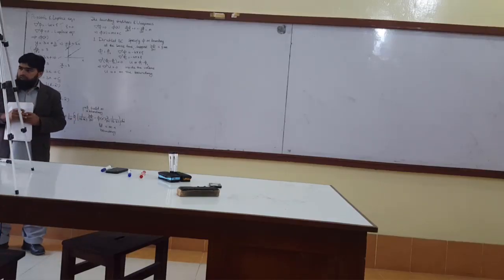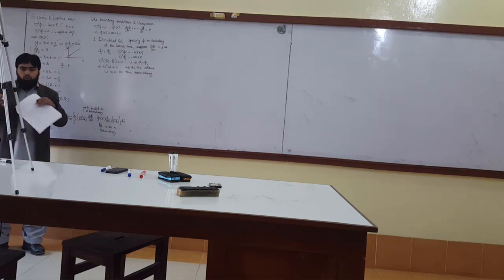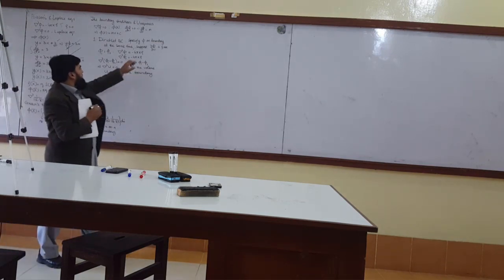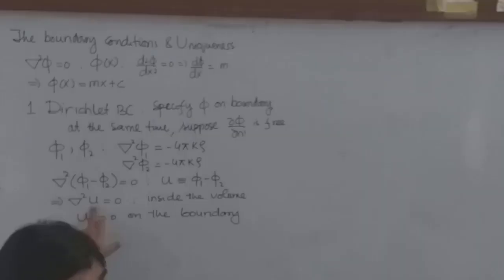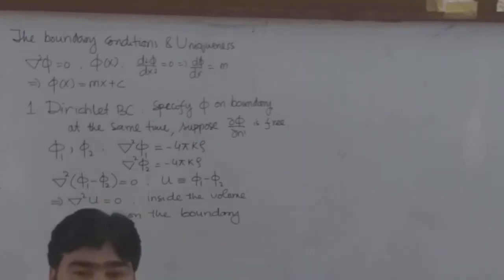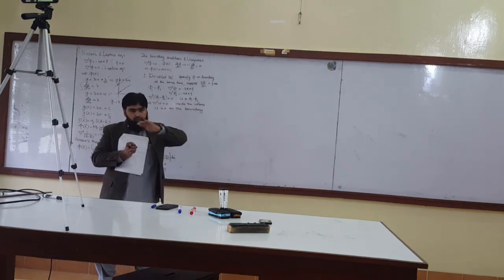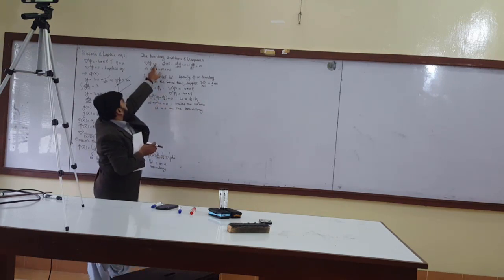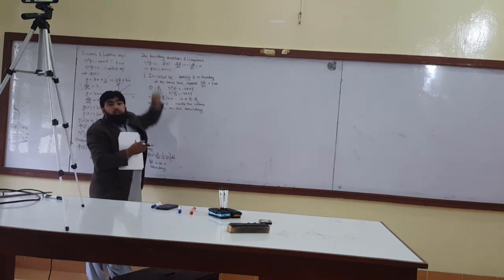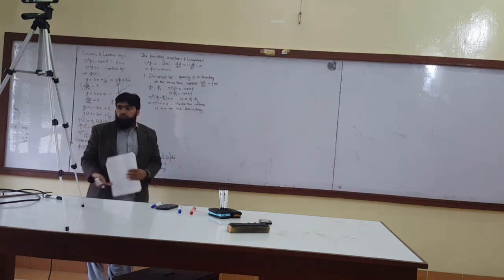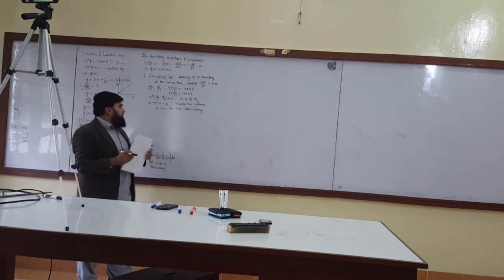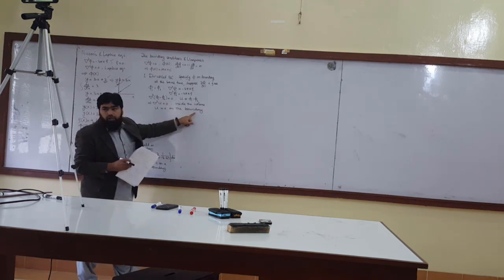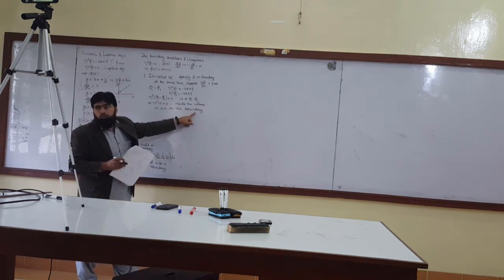When del square u is equal to 0 inside the volume, u is your potential, and the Laplace equation is telling you that you are not enclosing any charge. So del square u will be equal to 0 as you have del square phi equal to 0, inside that volume in which you are calculating it. What will be the situation on the boundary? On the boundary, u is equal to 0.